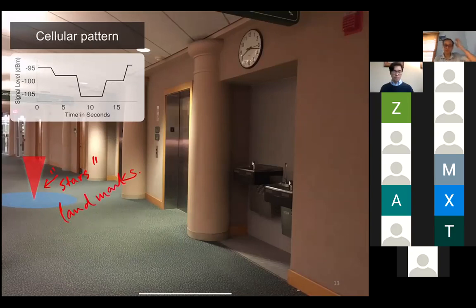Just as a quick side note, for the pressure thing, wouldn't you have to also know the temperature as well? Yeah, it can change if the temperature changes fast enough, or if there are particular places where the temperature has a stable pattern. Sure, temperature could also be a landmark.